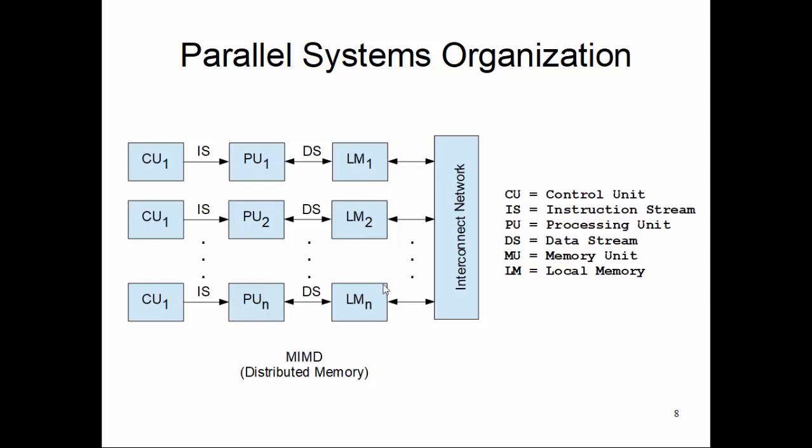And then these individual local memories are connected to each other through some interconnect network. So from the processing unit perspective, they are exchanging data with an individually connected local memory system. They are not sharing that local memory with any other processing unit. But these local memories are connected with each other in case there is a need for data exchange between them. They are connected through an interconnect network.